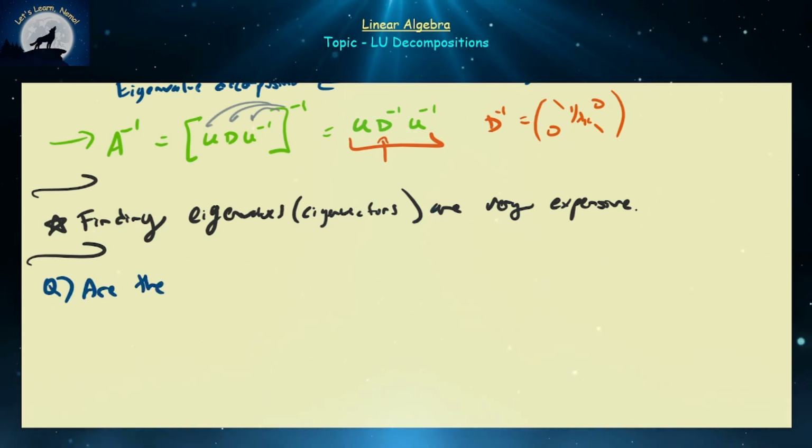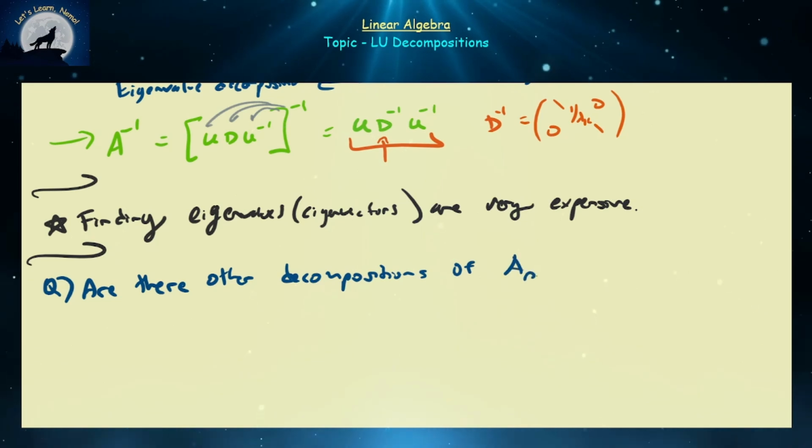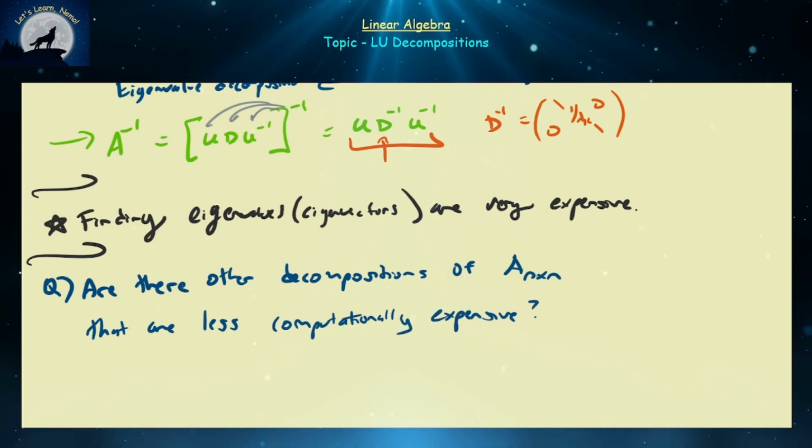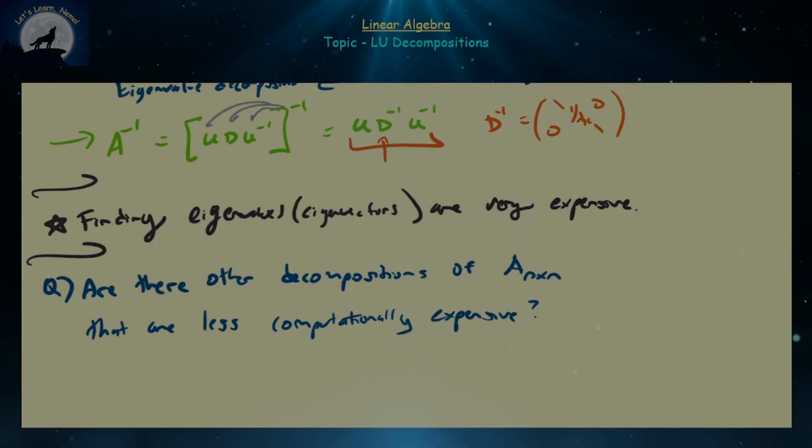Are there other decompositions of an n by m matrix that are less computationally expensive? Obviously the answer is yes, else I wouldn't be stating this question here. But today we're going to be looking at one of them known as an LU decomposition. So let's get right into it.